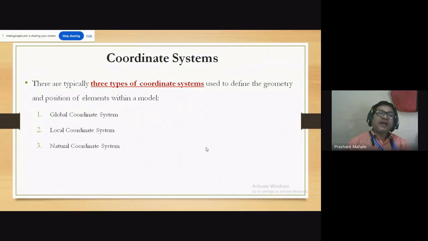Actually it is the tangent and normal coordinate system, the actual name, but we call it the path coordinate system. And the third is the radial and transverse coordinate system. Actually, the name generally used for that is the polar coordinate system. So the polar coordinate system and the Cartesian coordinate system are the two popular coordinate systems that we have.